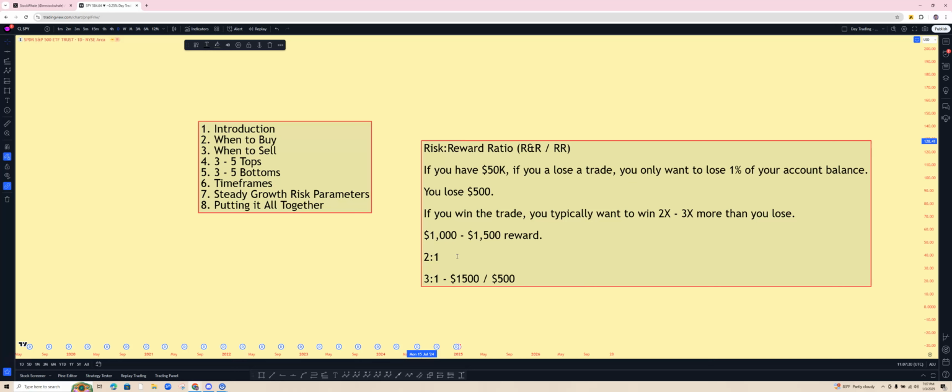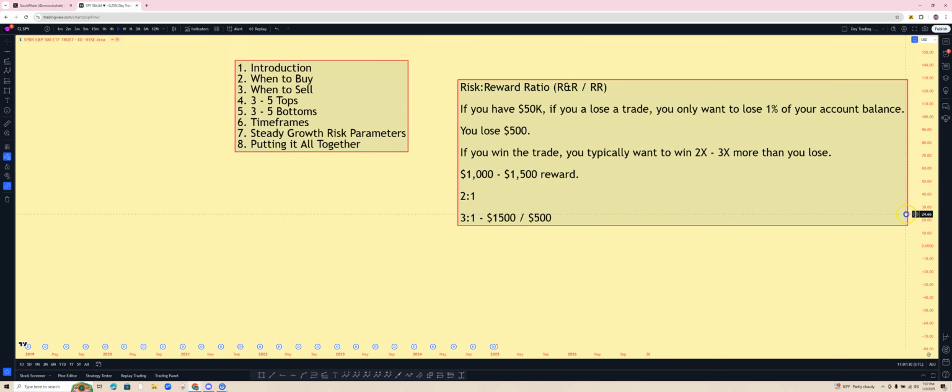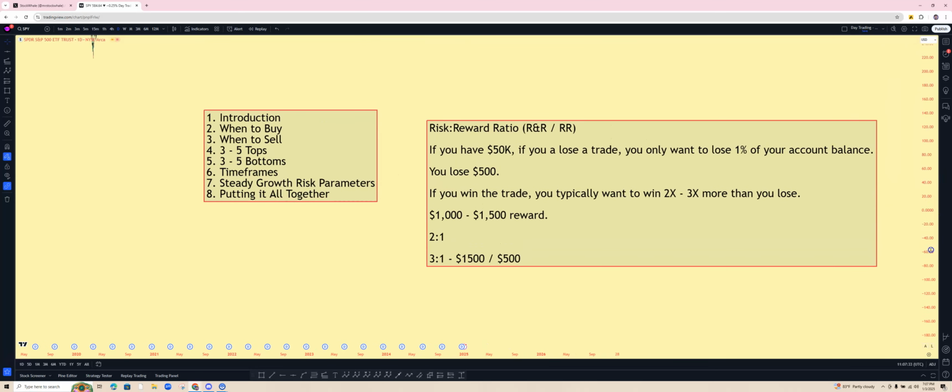So again, guys, you do not want to lose more than 1% of your account balance at any given time. Let me give you an example of what this R&R looks like in theory.